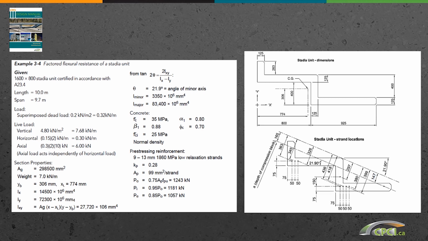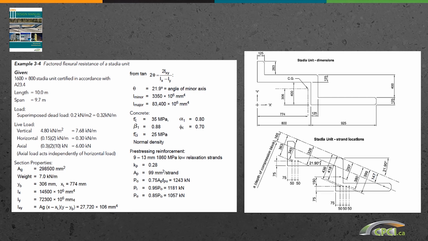We have to calculate I sub xy, I sub x and I sub y, calculate the theta, and then after that we'll find out that every strand in the stadia will have different depths for the section, calculated using the axis of inertia that represents the minimum inertia of the section.